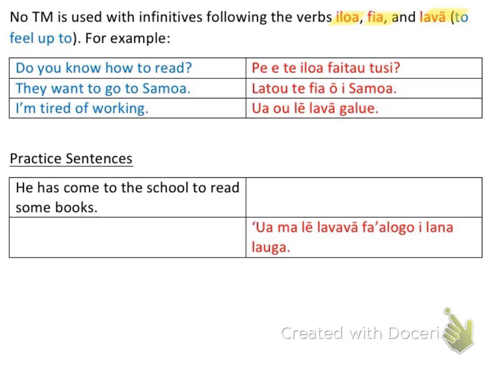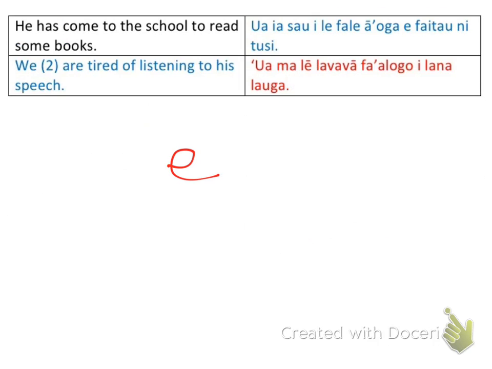Okay, and so iloa, fia, and lava, those are ones that you don't have to use a tense marker. So normally I would use my a to mark the infinitive, but in this case my verb comes right after one of these other verbs, and I don't need to use the a to mark the infinitive.